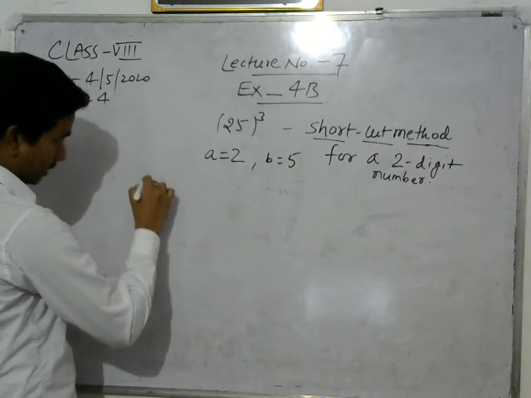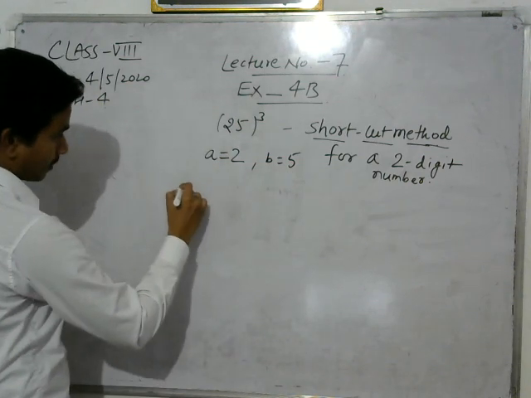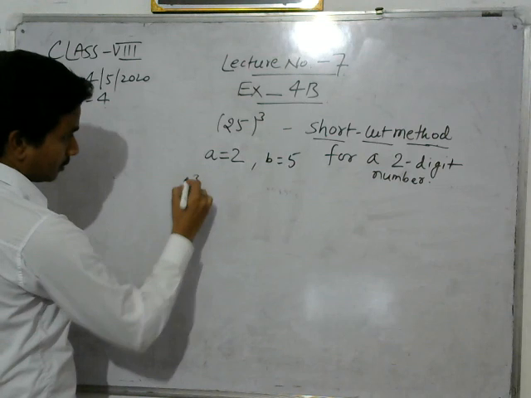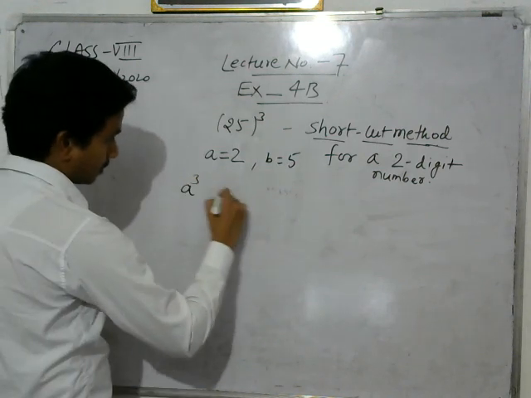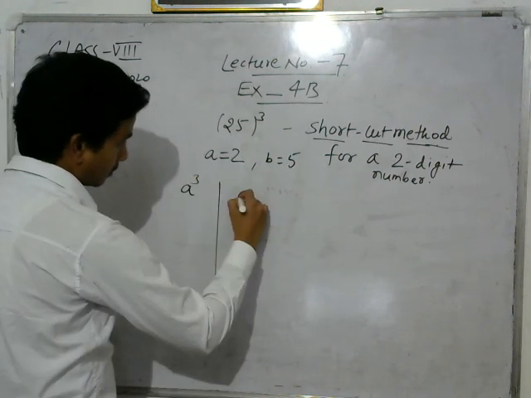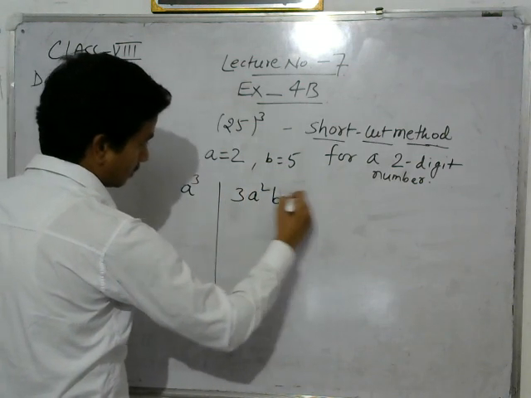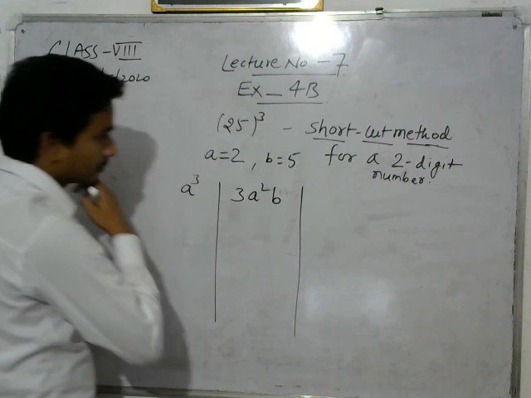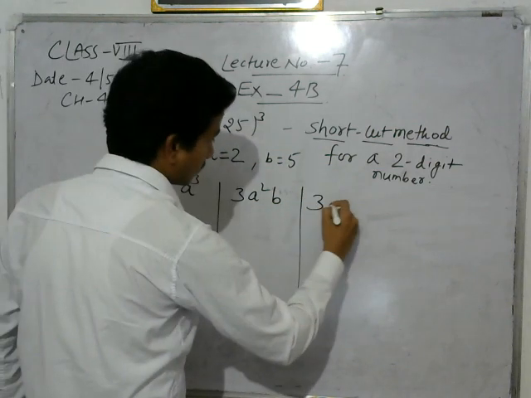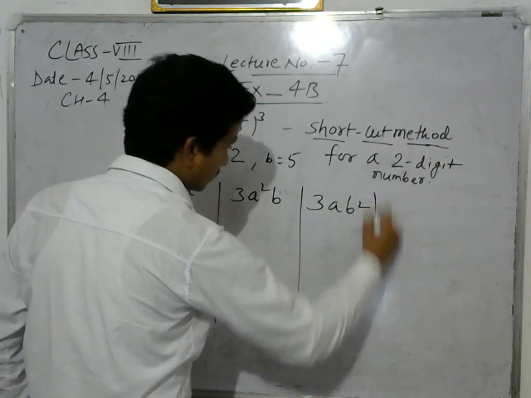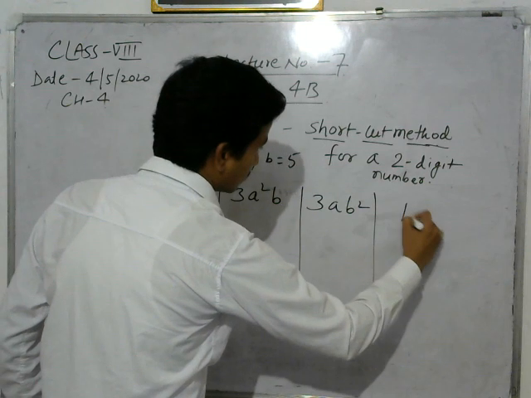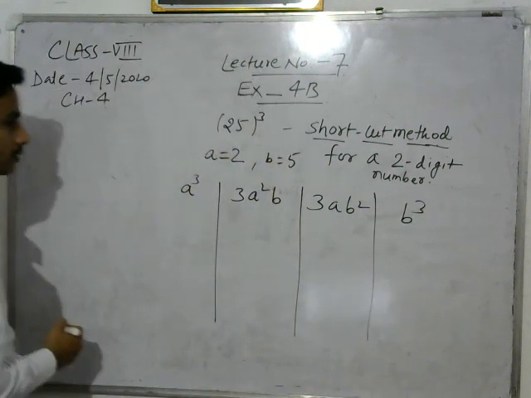Now make four columns. First a cube, second column for 3a square b, third column for 3ab square, and fourth column for b cube.